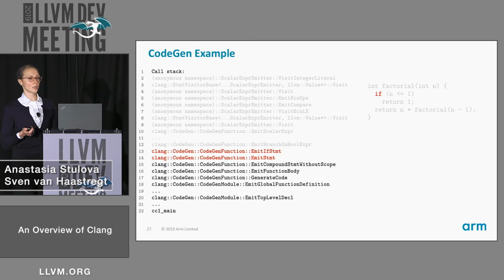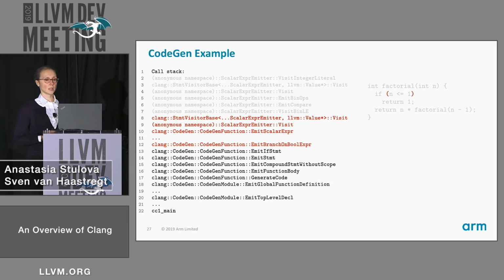We will first emit the if statement, and we will attempt to emit the condition of the if statement. Something to point out here, we will first use the visitor because we would like to visit the expression inside the if condition and perform IR generation for this expression.